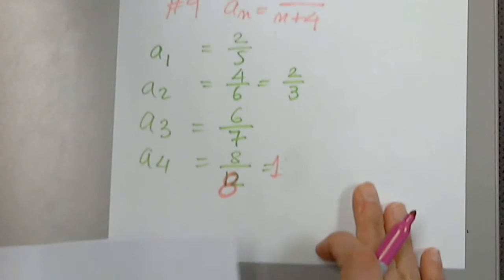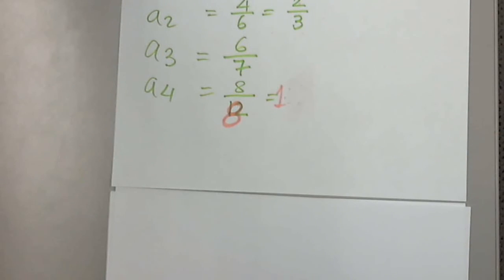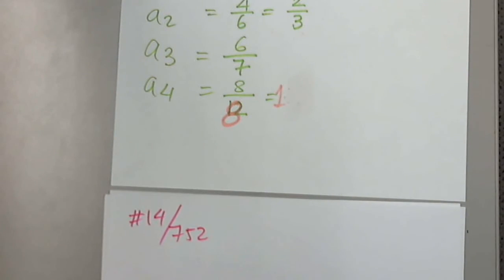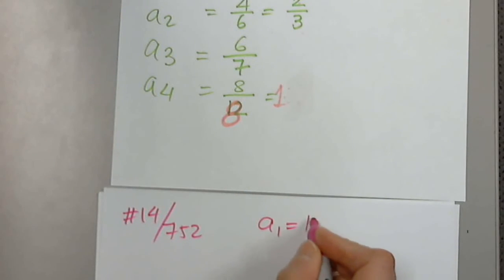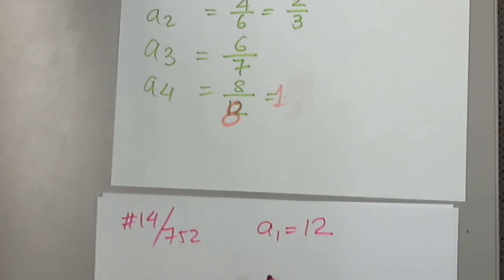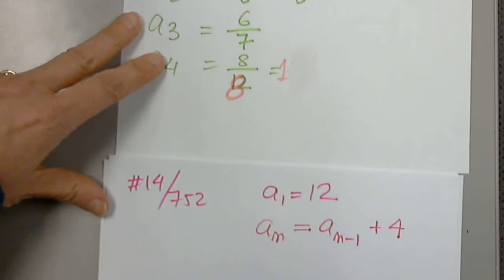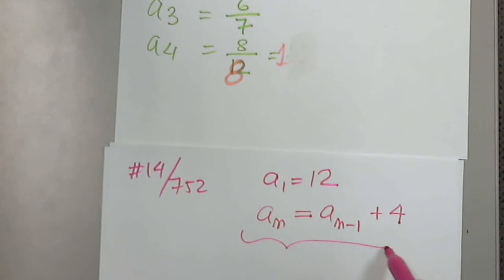Good. So, in certain situations, we are given, for example, problem 14. Same page, 752. We are given A1 equals 12, and we are given AN equals AN minus 1 plus 4. This is basically a relationship. This is the general term, but it's given in terms of the previous one.